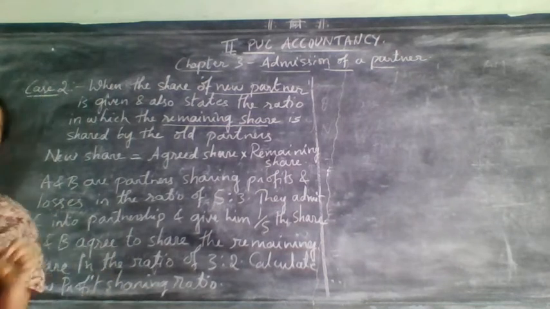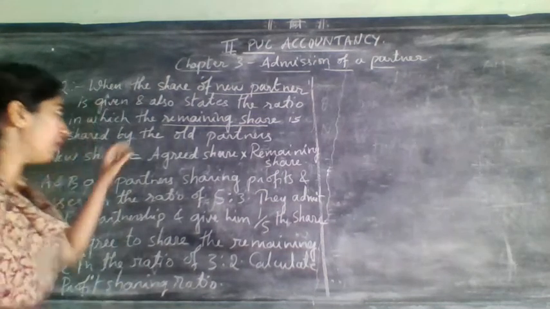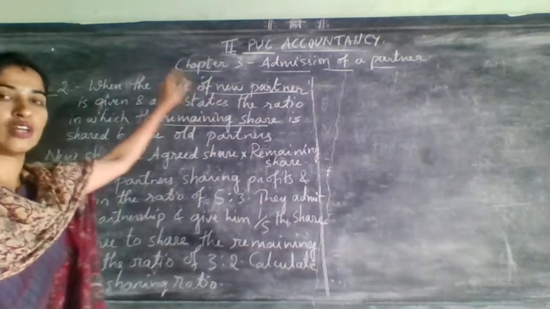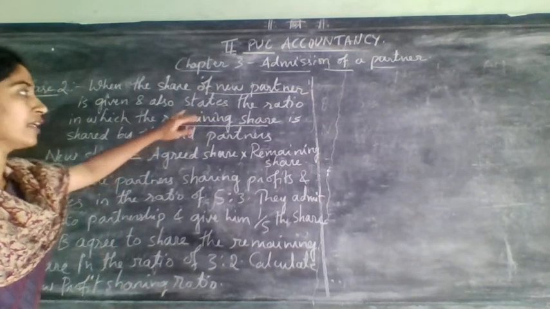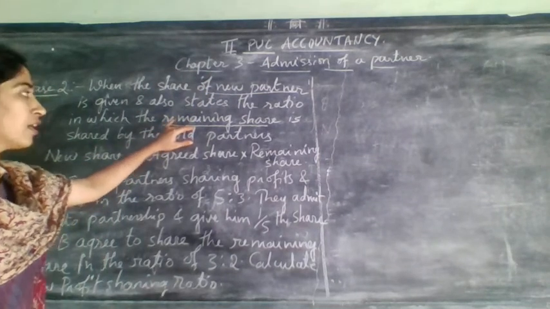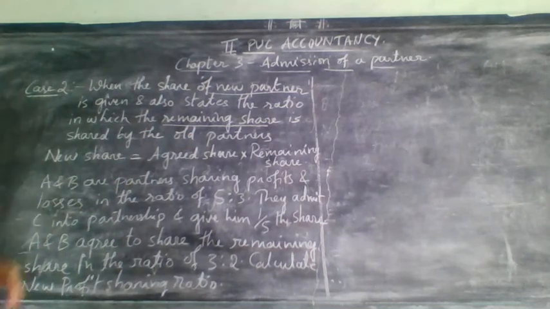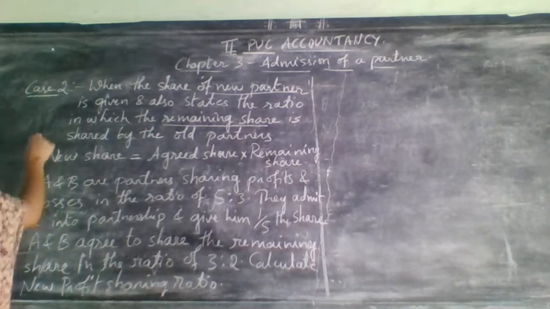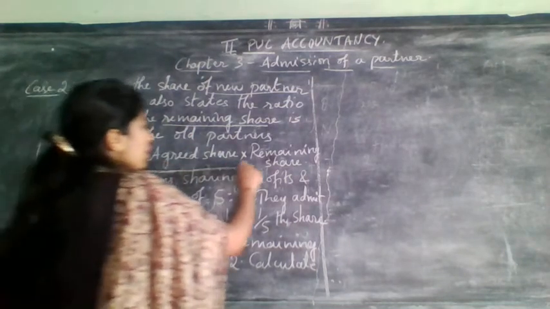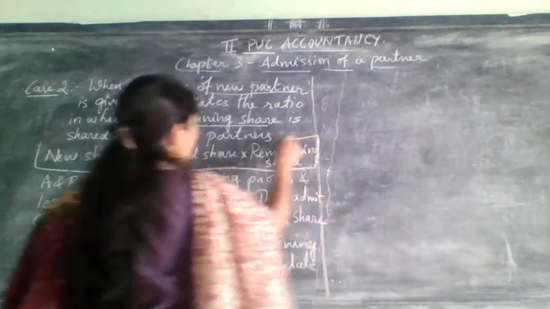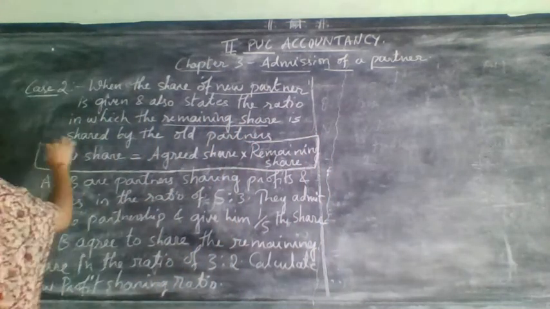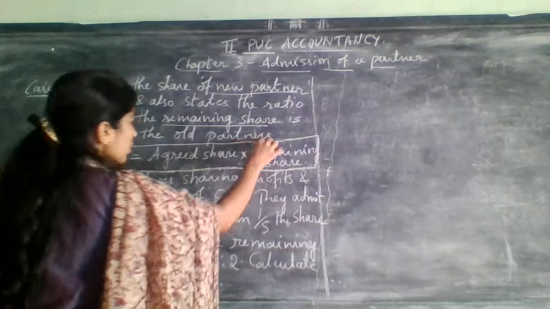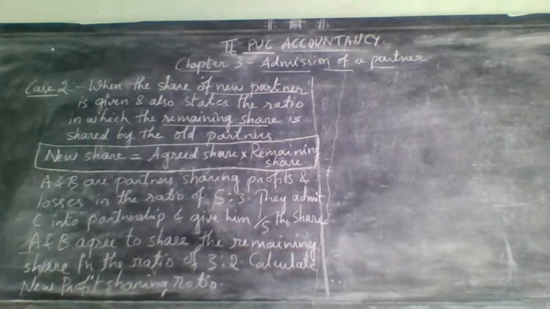To calculate the new profit sharing ratio, when they give the old ratio, the new partner's share, and the ratio for the remaining share, the formula is: new share is equal to agreed share into remaining share.